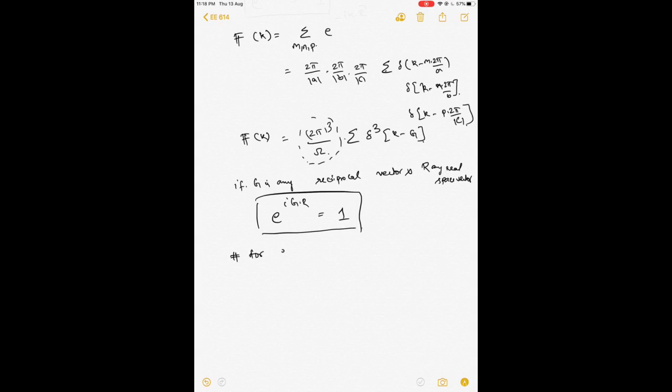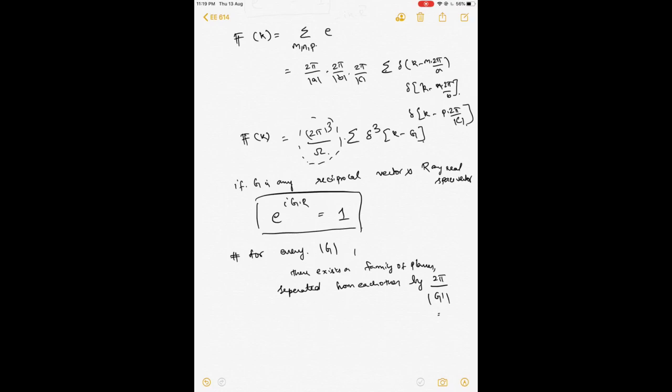For every G, let's say if G is any reciprocal lattice vector, there exists a family of planes separated from each other by 2 pi by g1, where g1 is a vector parallel to G which has the smallest reciprocal lattice length.